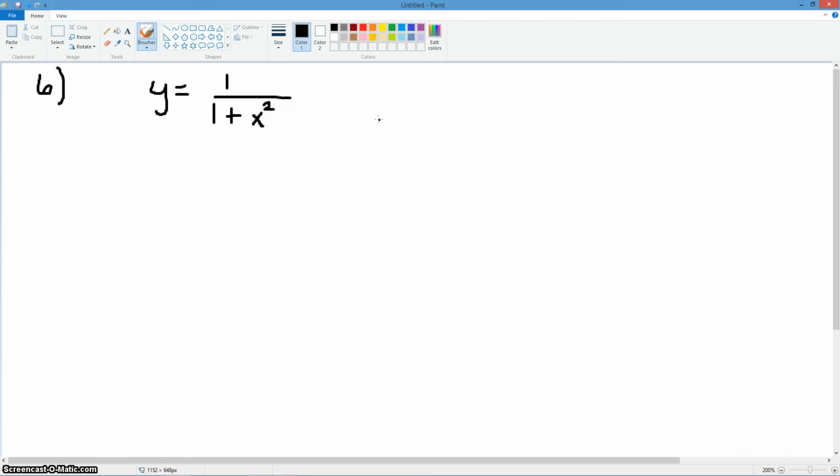So the instructions say a point is moving along the graph of the given function such that dx dt, in other words, x prime, so let's go ahead and put that info down there, x prime is equal to 2 centimeters per second. This time we are given units, 2 centimeters per second.